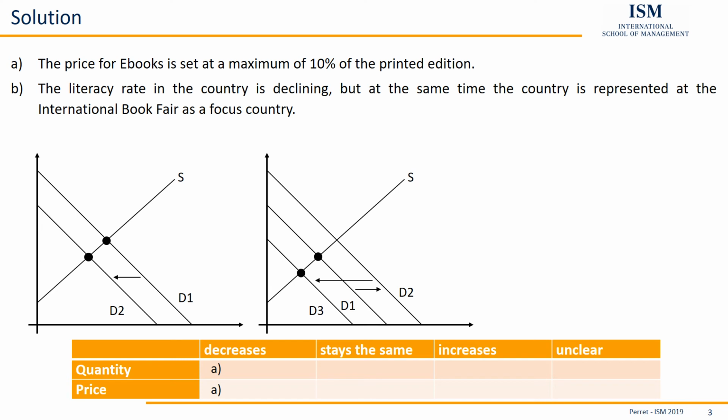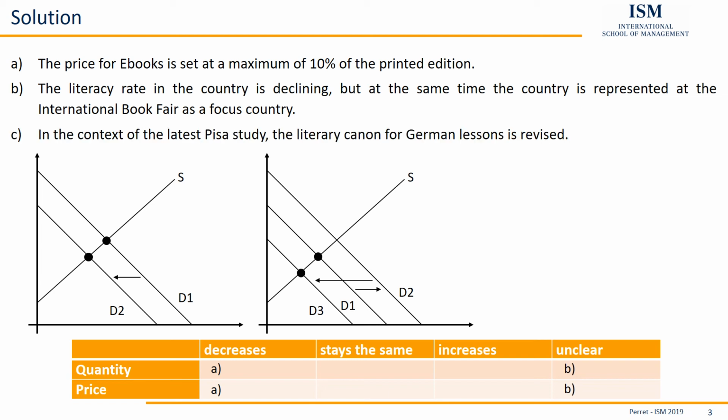Or are we actually at the same point where we started, so will it remain the same? We only know both of them will change in the same direction. But as I said, it's not clear in which direction, so we have to mark both of them as unclear. Okay, this was the second part, so only one more to go.